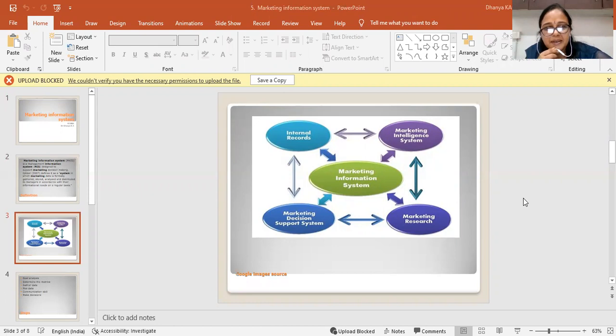So you have to keep all the records related to the marketing information system to make it more effective. Without marketing information system, the chain of modern industry will not work.